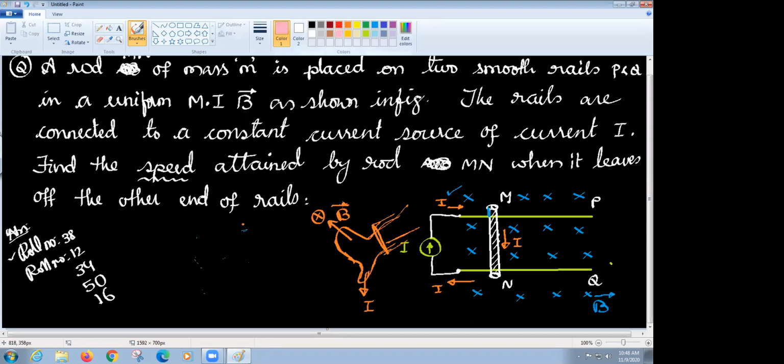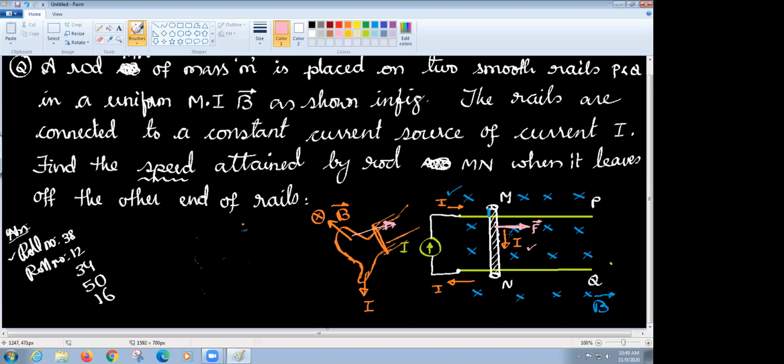The face of the palm is like this, so the normal you can draw this way. Now, how will this rod experience force? You stretch your right hand palm, and along this I you put your thumb. So the thumb is down and four fingers are into the board, and therefore the force experienced on this current carrying wire MN is like this.